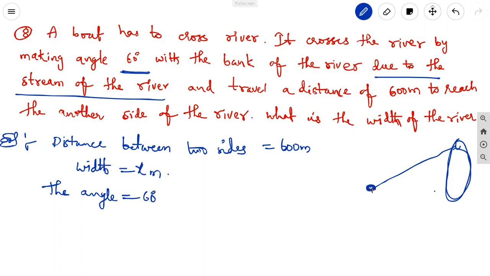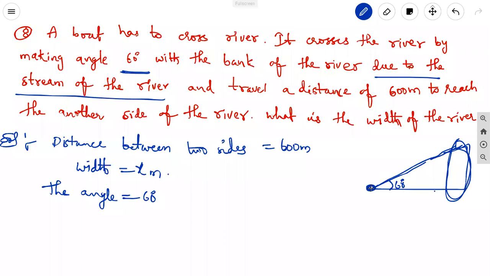The observer, where the boat is standing on one side, through that horizontal line makes an angle of 60 degrees, but the boat can travel only due to the stream of the river. The direction the stream goes, the boat moves easily towards that direction only.